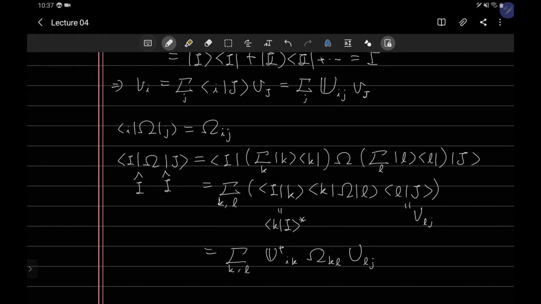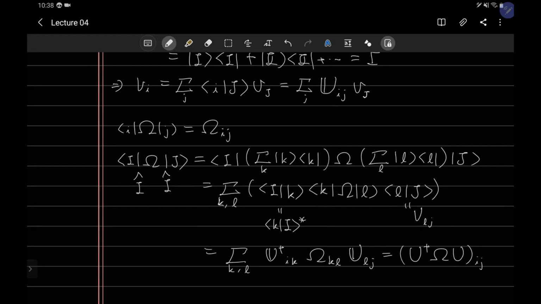You can also probably use this notation. So eventually, the overall relation can also be rewritten in this form, the multiplication of three operators, and then the component is the ij component.